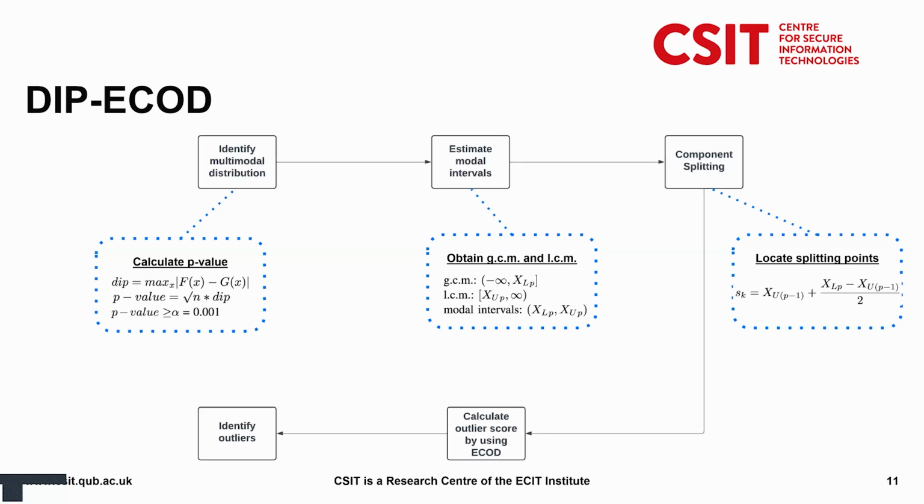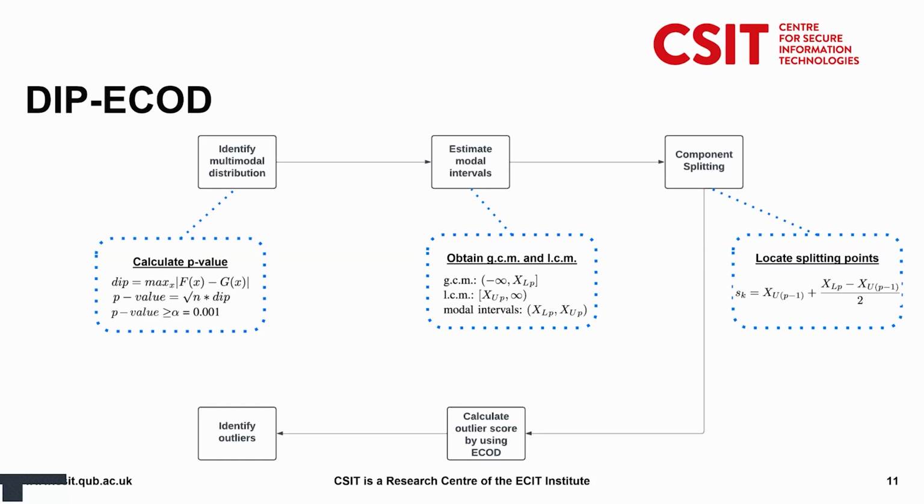If the data set is multimodal distribution, we go to the second step, which is to estimate the modal interval. How we're going to do it is to obtain the GCM and LCM. Here, GCM represents the greatest concave minorant, and LCM represents the least convex majorant.